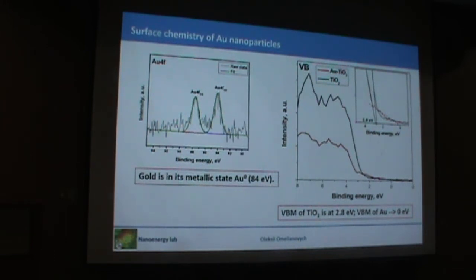This tail is characteristic of metallic gold, so it passes 0, even during the calibration, because the XPS is usually calibrated with sputtered gold samples. So this is the additional proof that gold has been reduced completely.